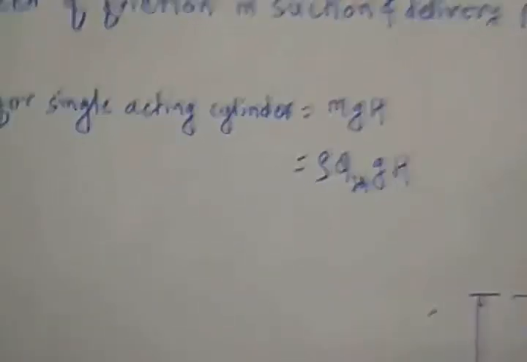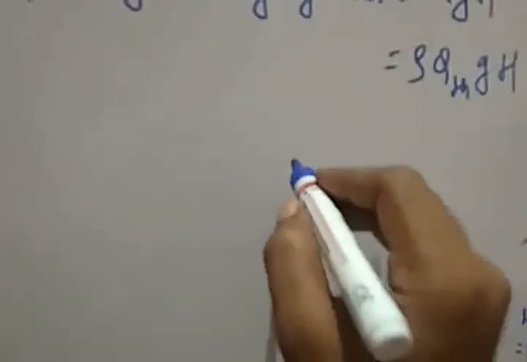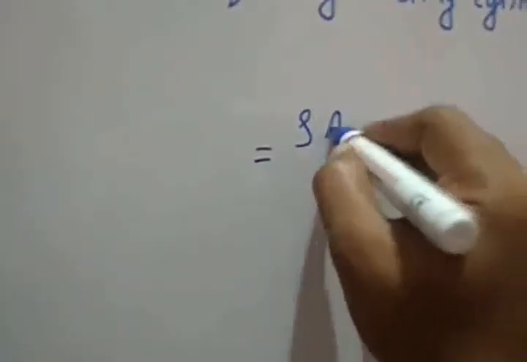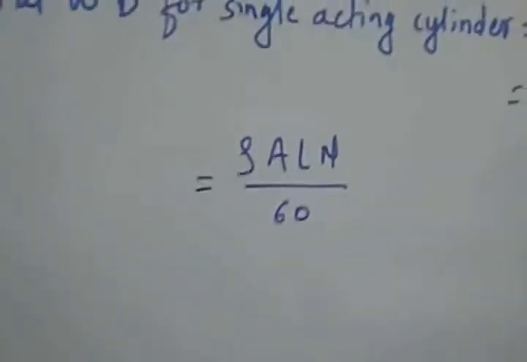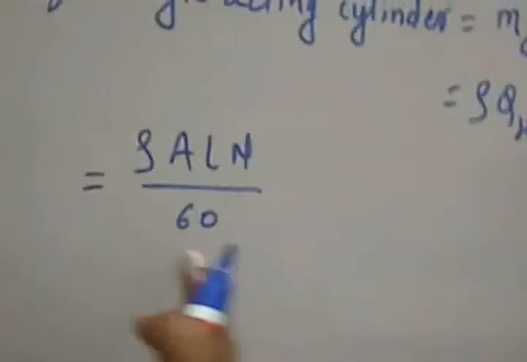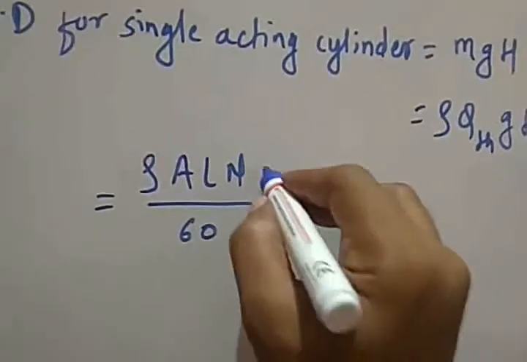This Q theoretical is ALN upon 60, which we have already discussed. So I get rho ALN by 60 as the mass, into g.